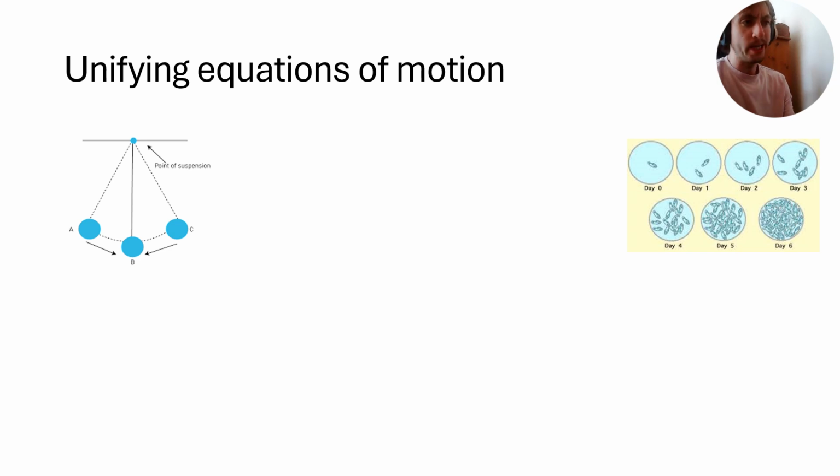So you might at first think, for example, that the motion of a mass oscillating in a pendulum, like say, the motion of a metronome, if you like music, would be somehow distinct from the growth of bacteria in a petri dish.